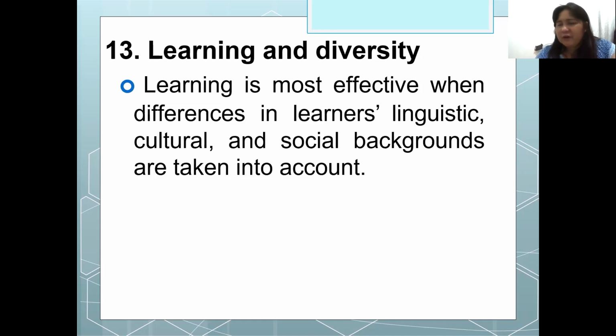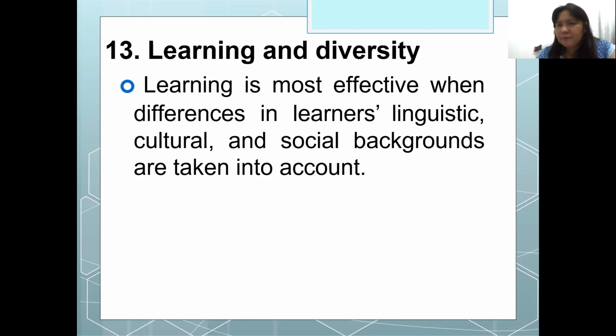Why? It's very important to celebrate diversity and leverage it with the learner's strength, as educators in that situation can promote empathy, and not only empathy, but also collaboration and critical thinking skills among the students.